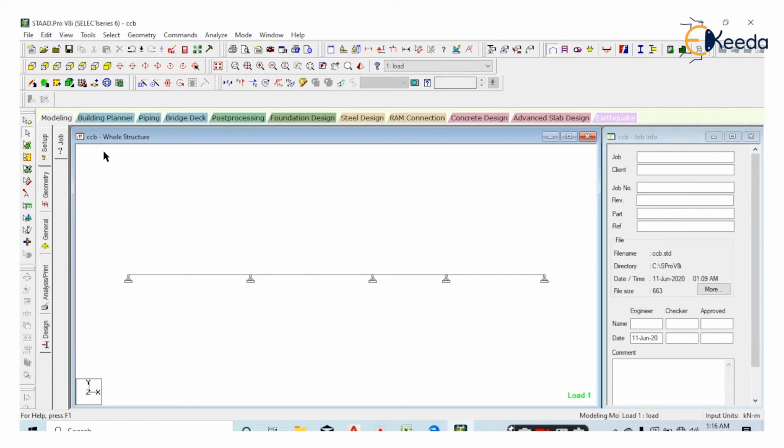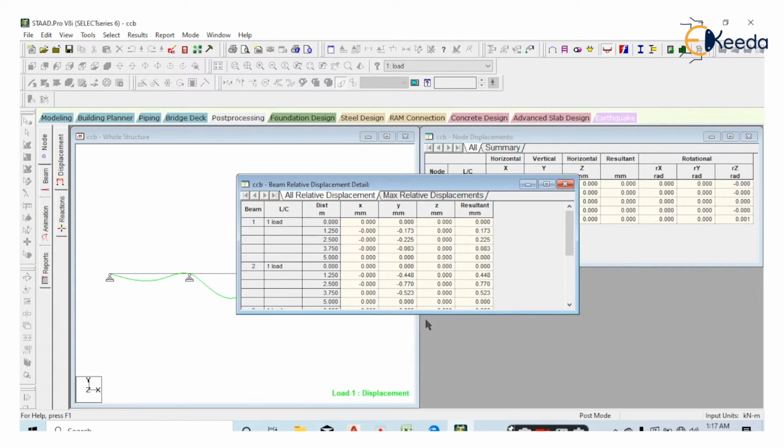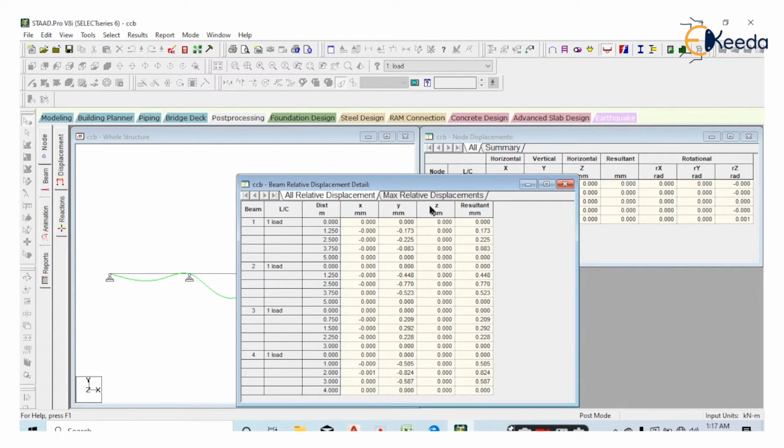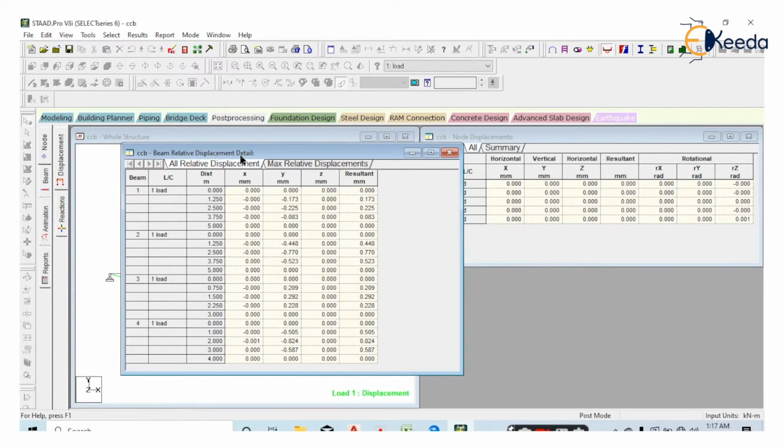now again go to post processing and look at this table. In this table, there is a beam relative displacement. All relative displacement and maximum relative displacement.